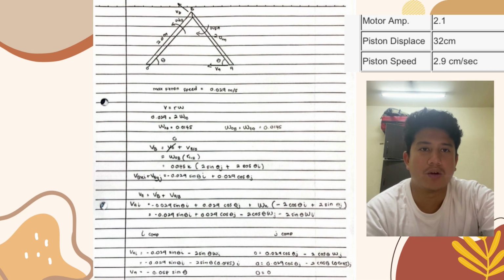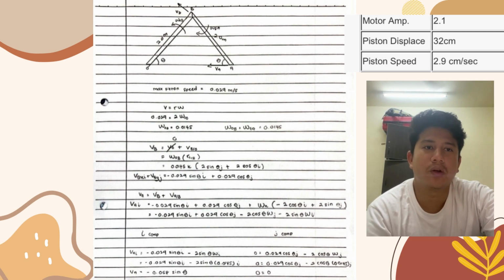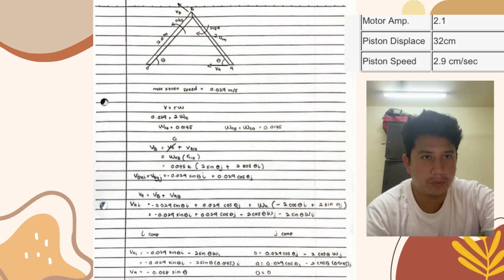Then to calculate the omega OB, we use the formula V equal to R omega, which is V 0.029 and also the distance, which is 2. And we get the omega OB equivalent to 0.0145. For your information, omega OB and omega BA are the same answer, so we can assume that omega BA also will be 0.0145.